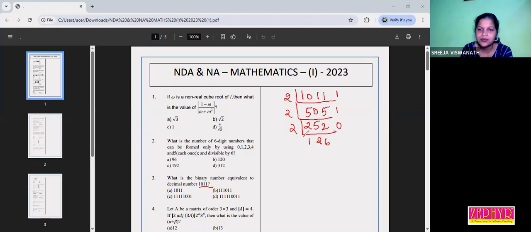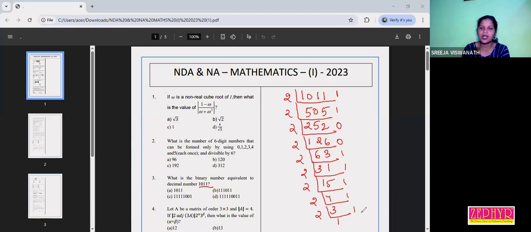Remainder 0. 63. Remainder 0. Again by 2. 31. Remainder 1. 2, 15. Remainder 1. 2, 7. Remainder 1. Again 2, 3. Remainder 1. 2, 1. Remainder 1.